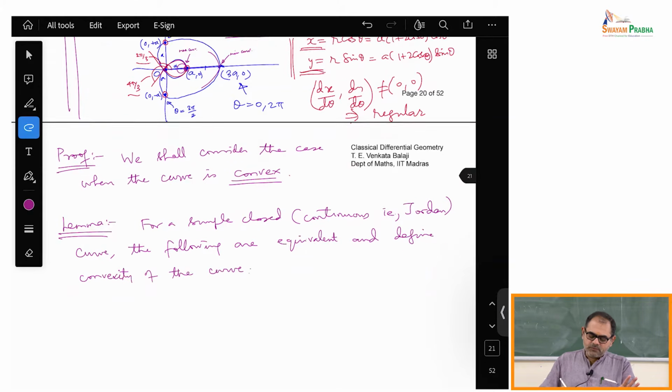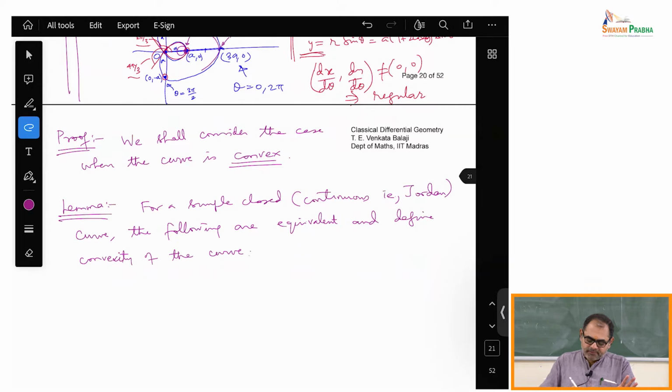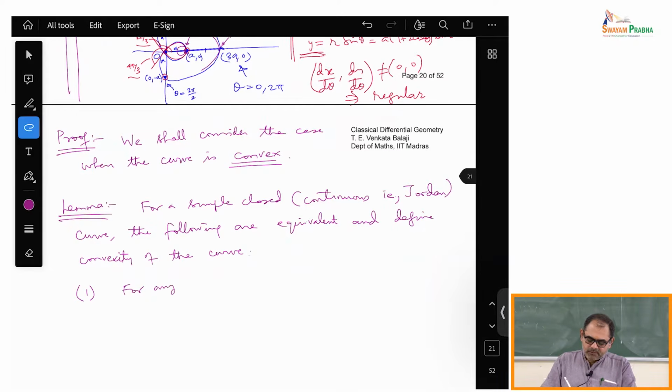The first thing is, you take any 2 points on the curve and then join them by a straight line segment. Then every point on that line segment should either be on the curve or in the interior.